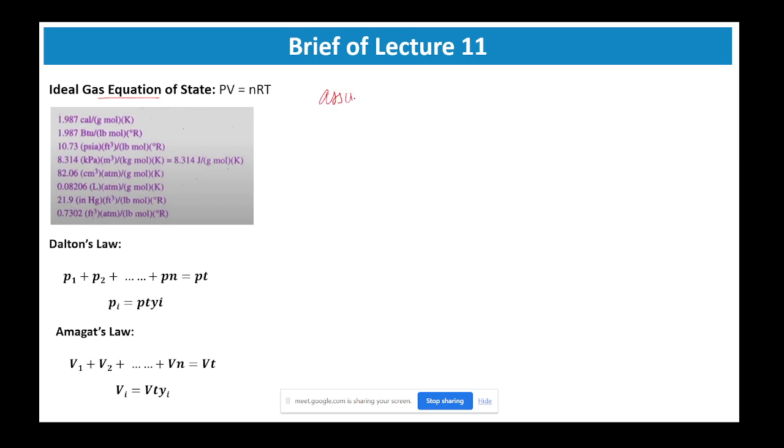So the assumption for ideal gas is that there exists no molecular interaction.